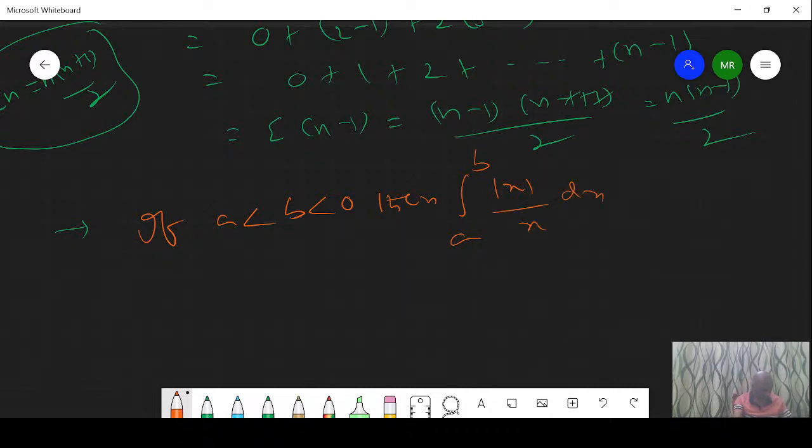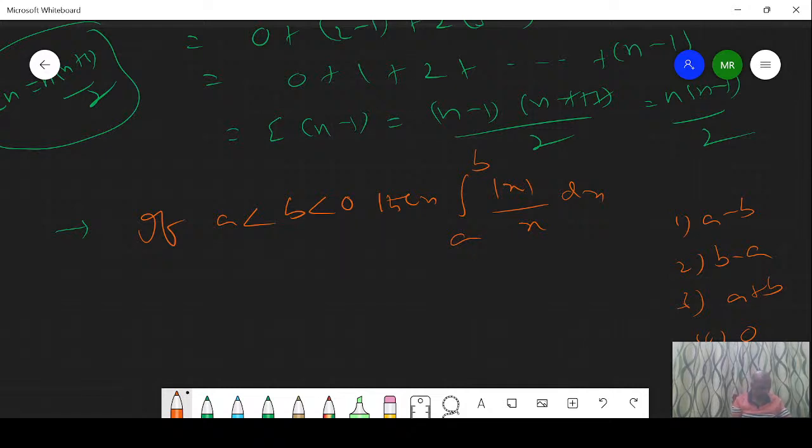Options given: first option a minus b, second option b minus a, third option a plus b, fourth option 0.